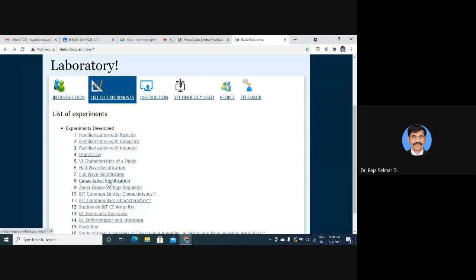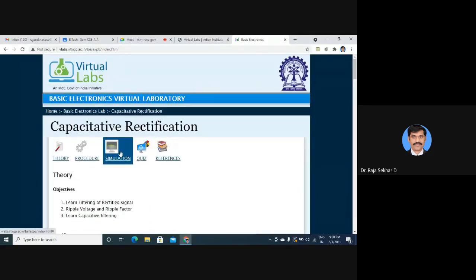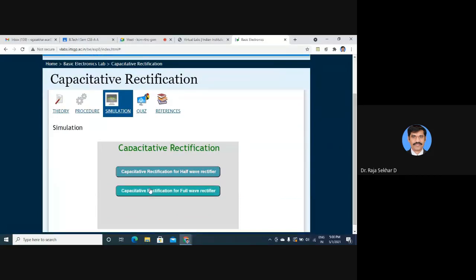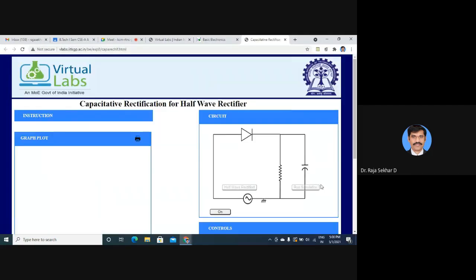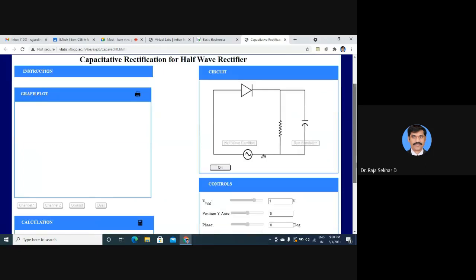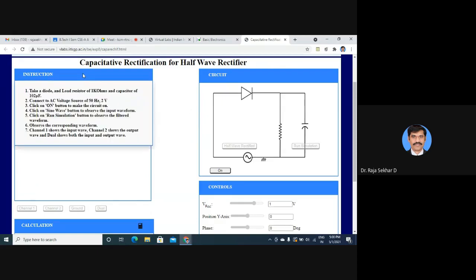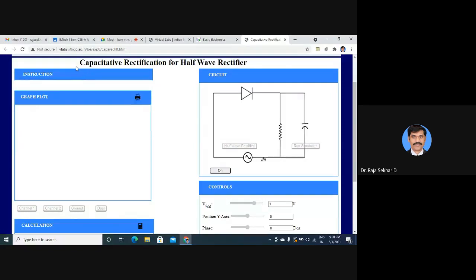So now we'll see the capacitor rectification. Here two experiments are there: capacitor rectification for the half-wave rectifier as well as the full-wave rectifier. It's very simple. The resistor as well as the capacitor are already fixed. The AC source voltage is already connected.